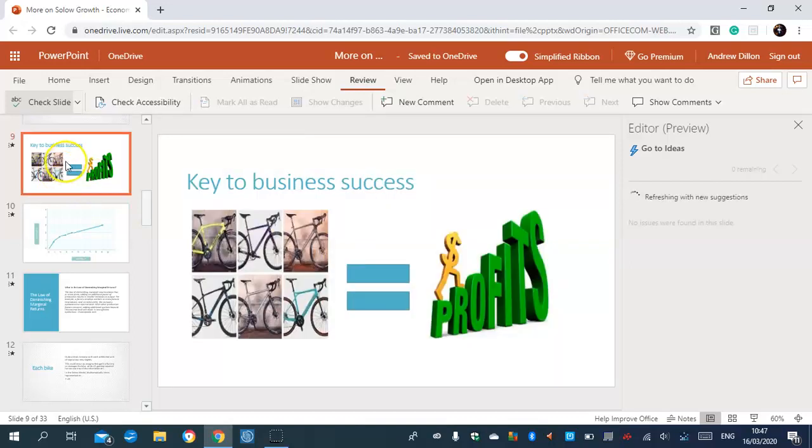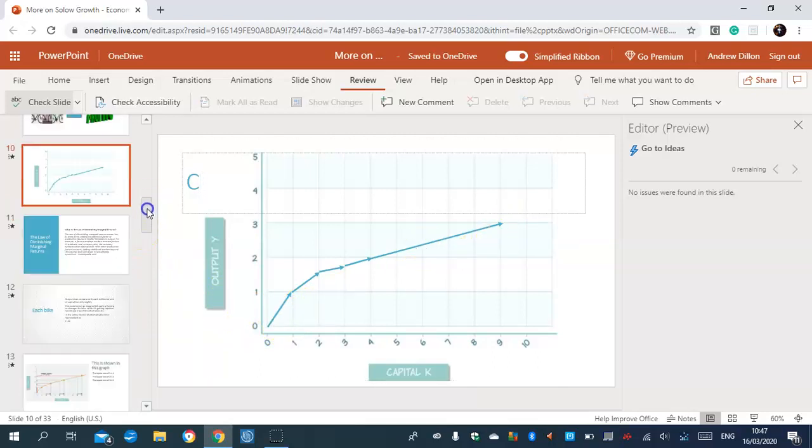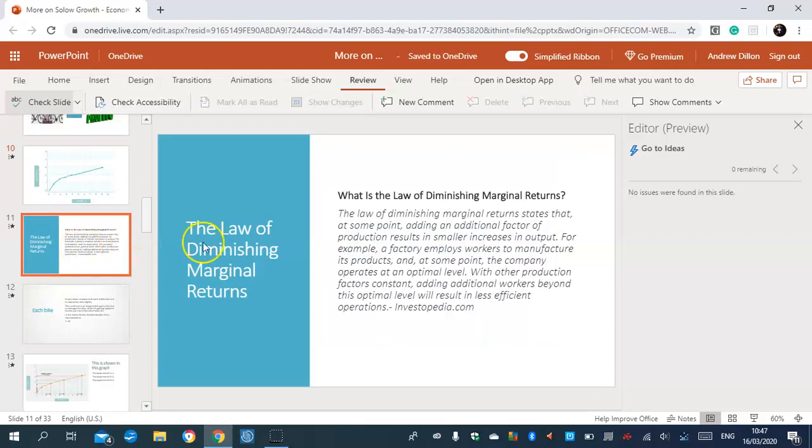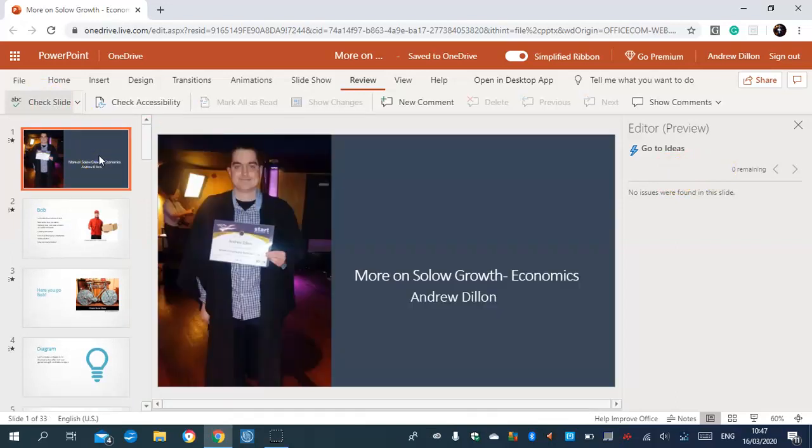Now the keys to business success: the bikes equal the profits. No issues. Now the diagram that shows the output increasing up to number 3. No issues. And then finally, the law of diminishing marginal returns slide. No issues.